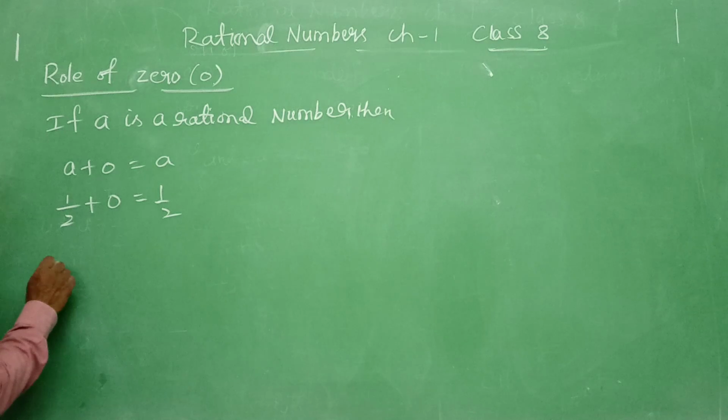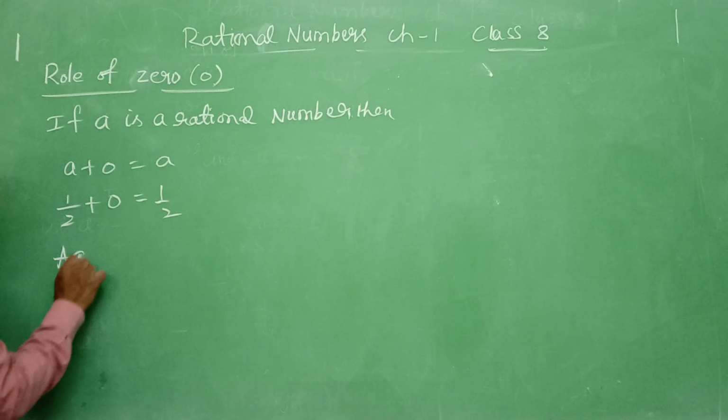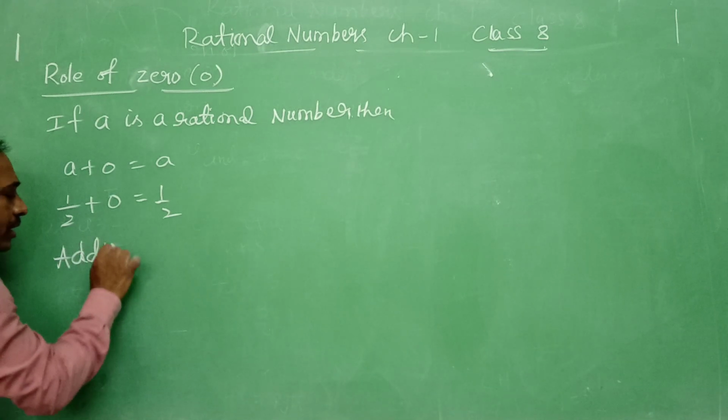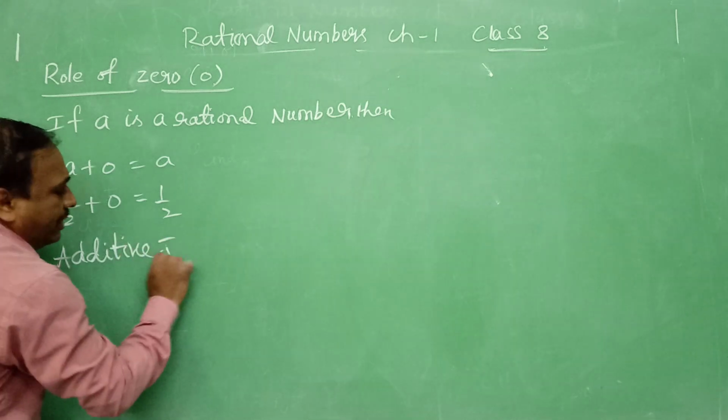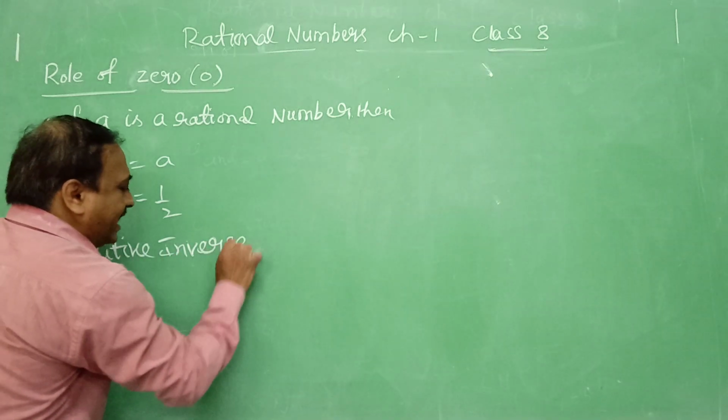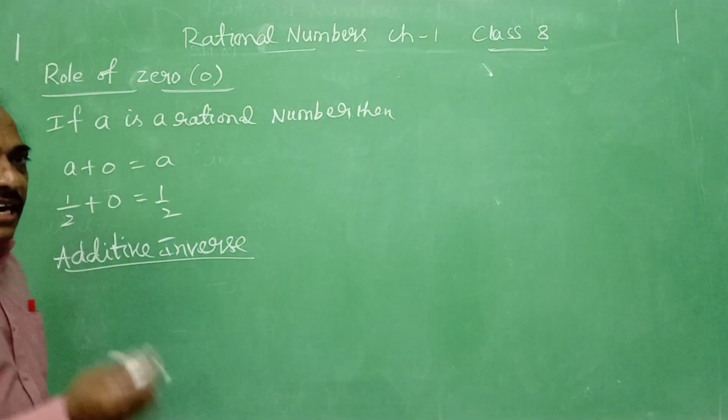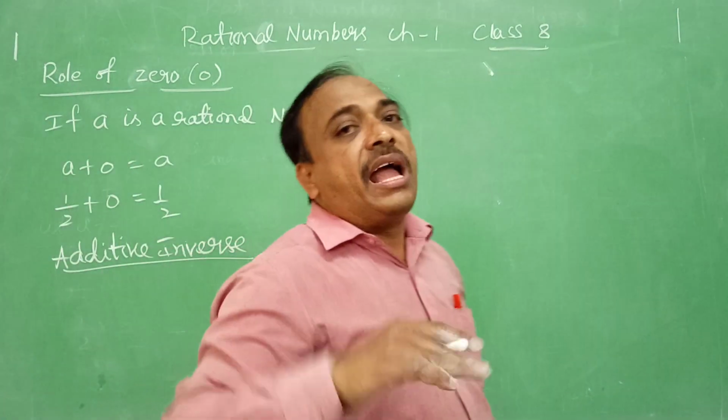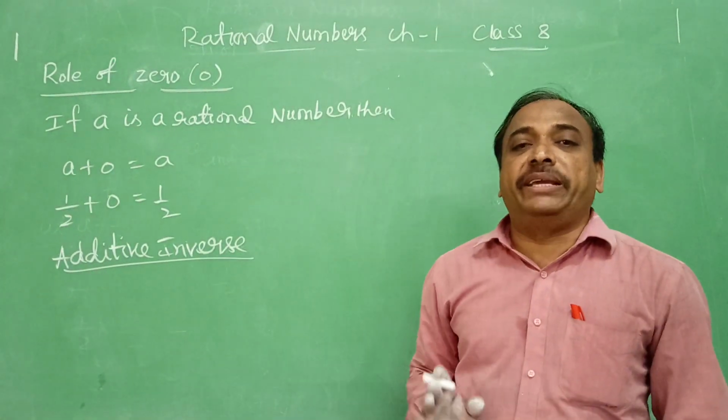Next we are talking about additive inverse. What is exactly additive inverse? When we add a number and its additive inverse, the result must be 0.